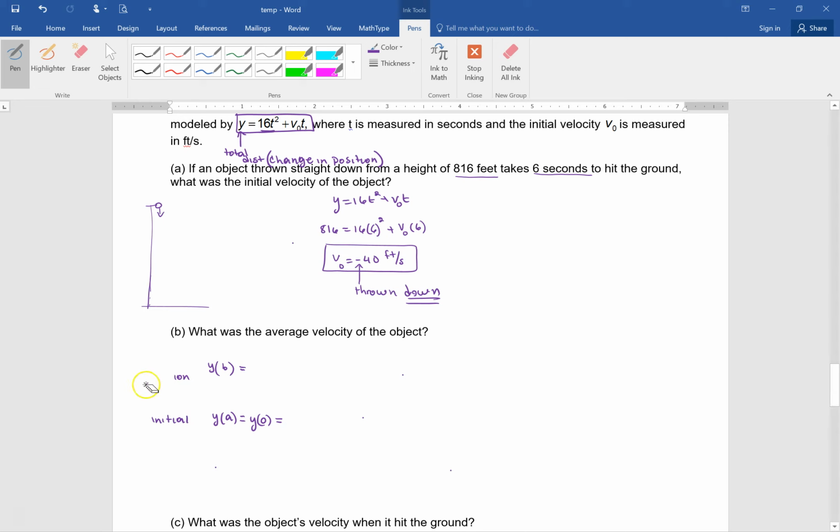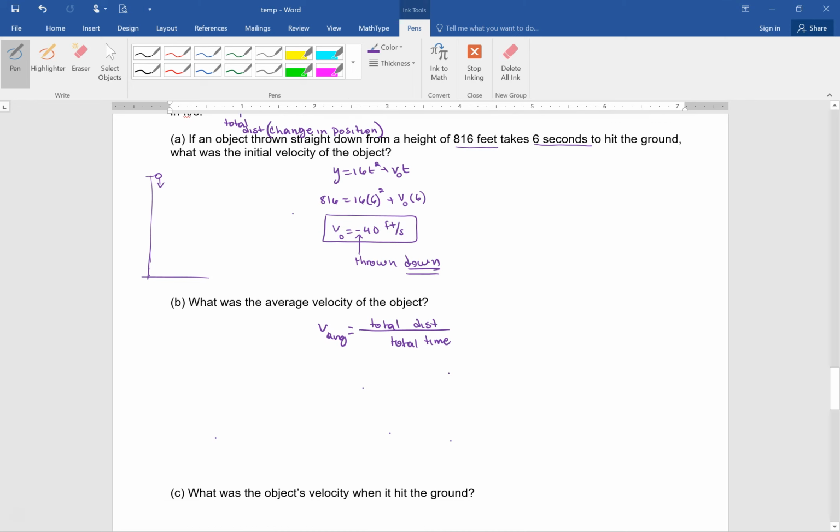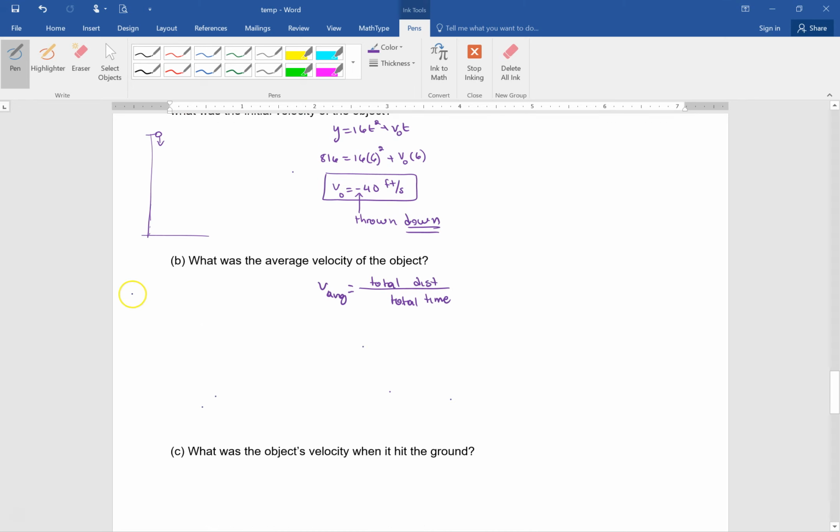All right, so let's take that one more time. So basically, for the average velocity, what we want is the total distance divided by the total time. How much did this thing travel? It traveled 816 feet, right? So basically, the initial position was at 816 feet, and the final position is at 0.